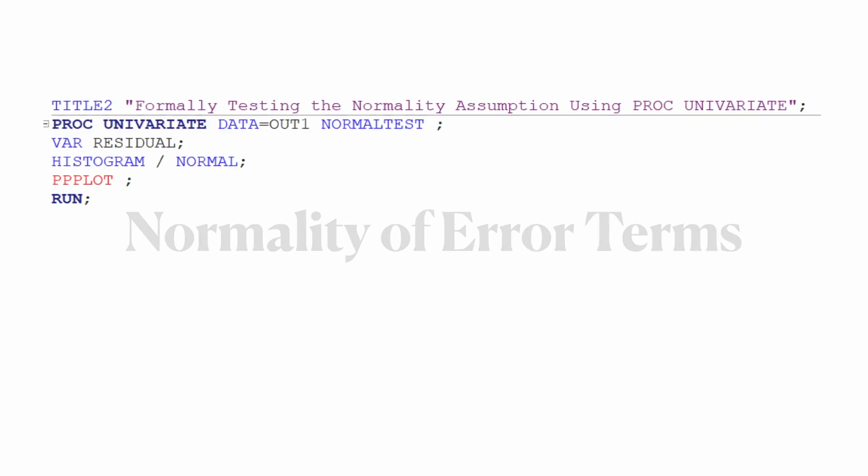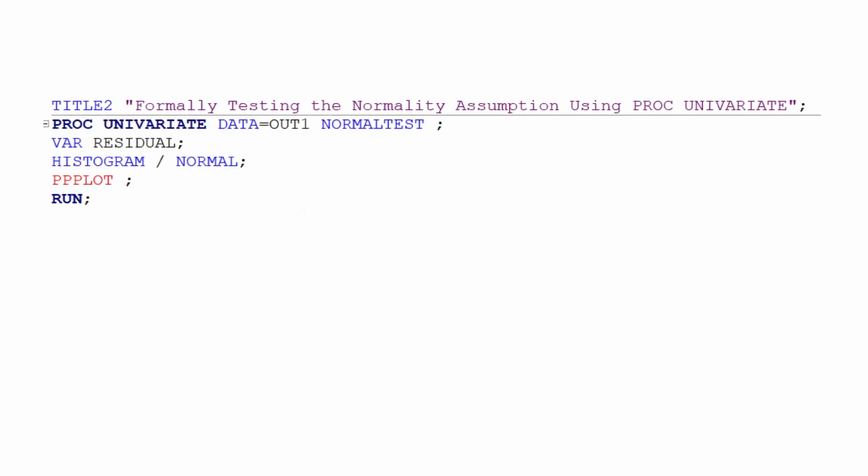Let's first check for violations of the model assumptions. We'll start off by checking for violations of the normality assumption. And so here I have PROC UNIVARIATE, and I'm going to be analyzing data from the data set called OUT1, which you'll recall is the data set that I output the residuals from our model to.